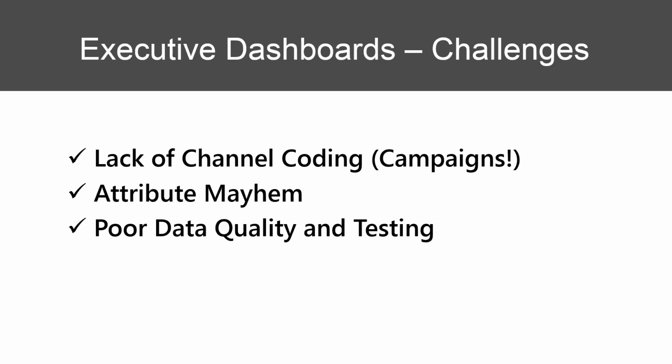There's really a lack in Raiser's Edge, at least, of what I call channel coding. And the channel coding is, how is the money coming in? Is it coming in from major gifts? Is it coming in from annual fund? Is it coming in from events? Where is this money coming in from a channel standpoint?